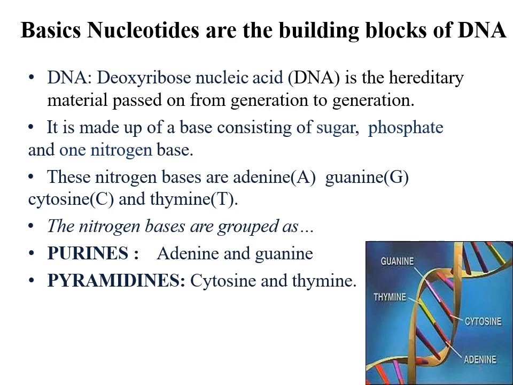So adenine and guanine are categorized as purines, while cytosine and thymine are grouped under the pyrimidines. So nucleotides are formed by the combination of a sugar molecule, a phosphate group, and one nitrogenous base, and many nucleotides form the DNA structure.